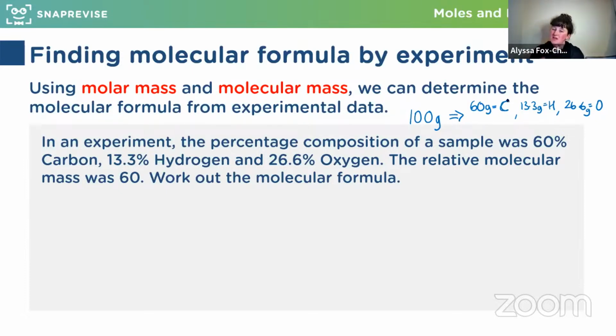So if you've been given a percentage composition, you just have to pretend that you've got 100 grams and then you work out the mass composition, because the percentages convert directly to masses if you've got 100 grams of something. And it should approximately work out to be 100. If you're off by a large amount, chances are you haven't recognized that they maybe didn't give you the percentage of, say, hydrogen in a hydrocarbon.